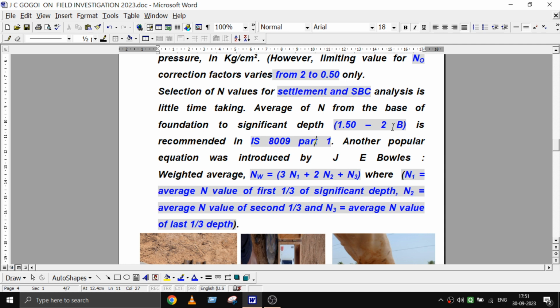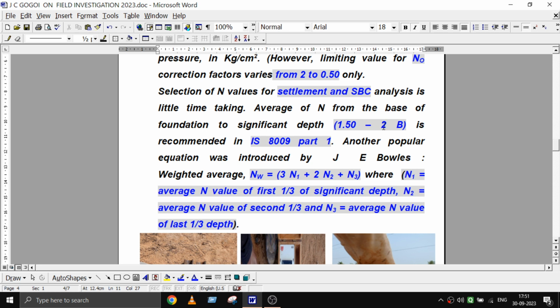And the distribution of stress shall be much less at 2B, and it will be about 10 to 50% at 1.5B. So indirectly many people have suggested 1.5B is better.